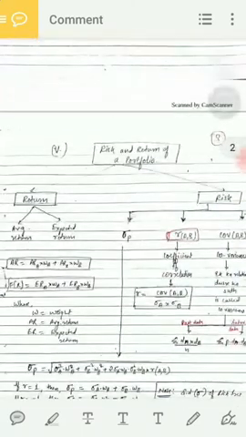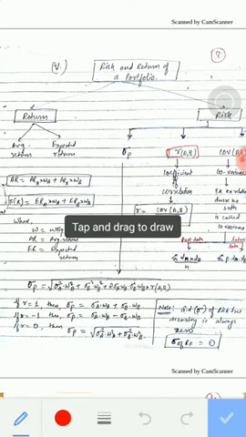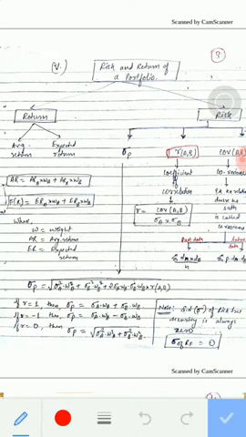After that, risk and return of a portfolio. Here the return will be as per the weight. If I have 1 lakh rupees and I have invested 50,000 in one security and another 50,000 in another security, let's say security A and security B, the weight will be 0.5.